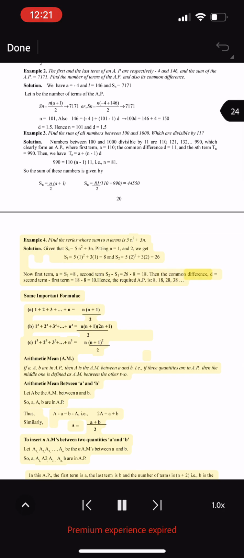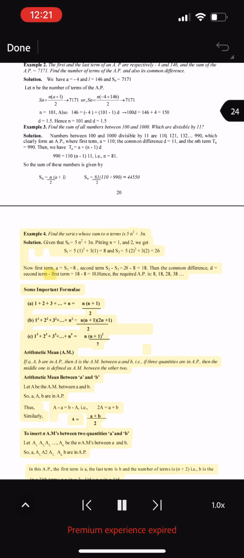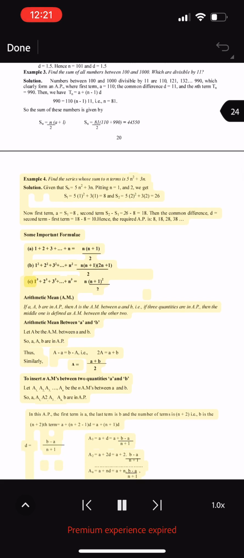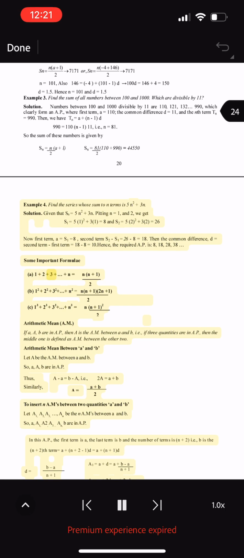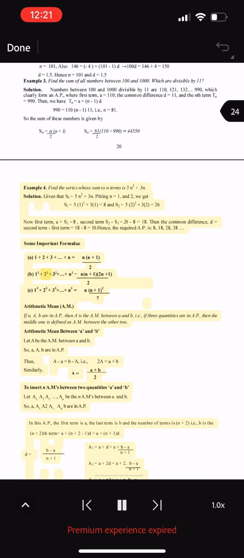Then the common difference d equals second term minus first term equals 18 - 8 equals 10. Hence, the required AP is 8, 18, 28, 38, ... Some important formulae: 1³ + 2³ + 3³ + ... + n³ = [n(n + 1)/2]², 1 + 2 + 3 + ... + n = n(n + 1)/2, 1² + 2² + 3² + ... + n² = n(n + 1)(2n + 1)/6.